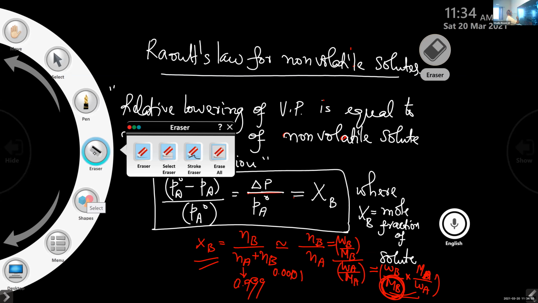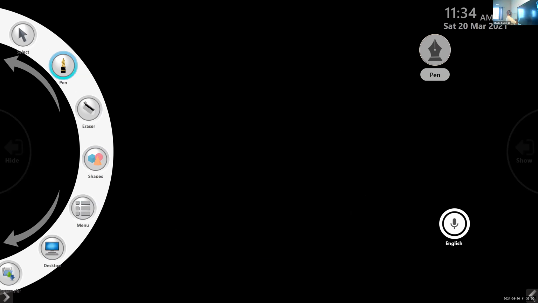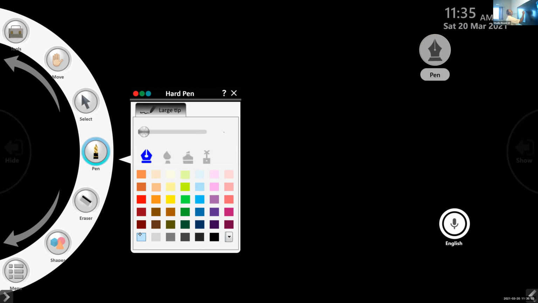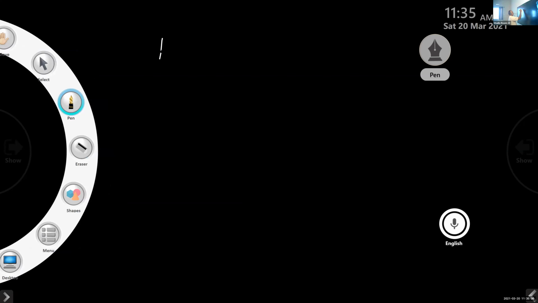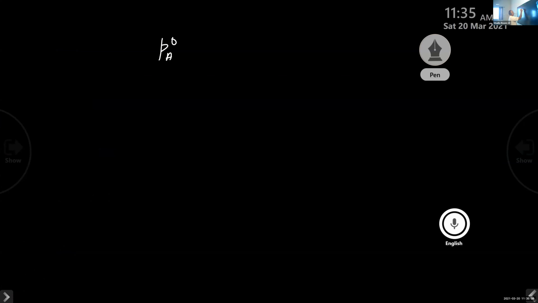Please wait. Should not write now. Okay, so the relation will get the form like this. (PA0 minus PA) by PA0, that is the relative lowering of vapor pressure.